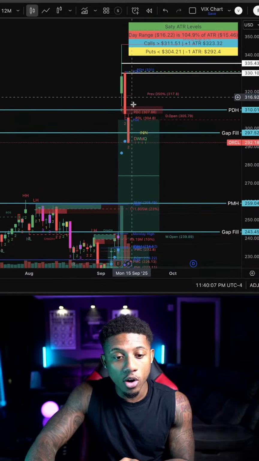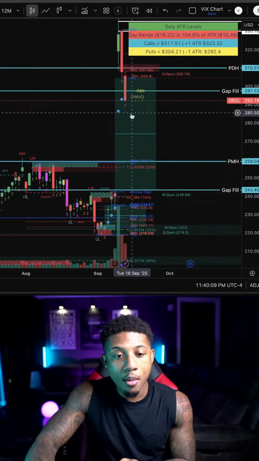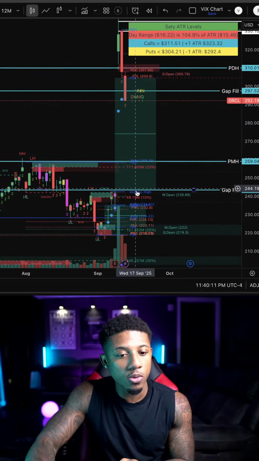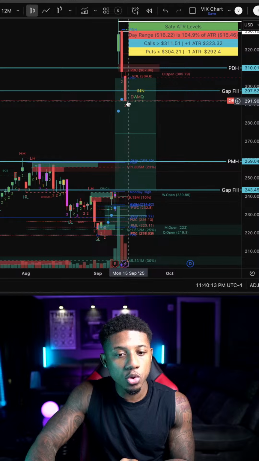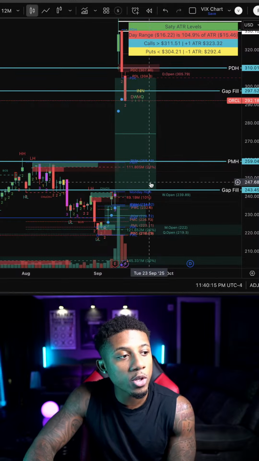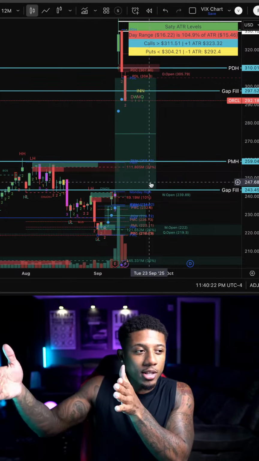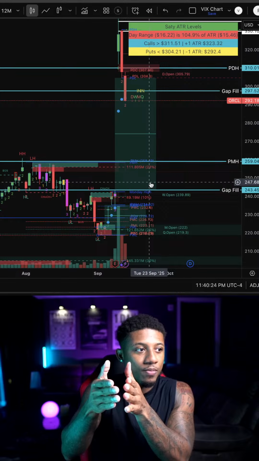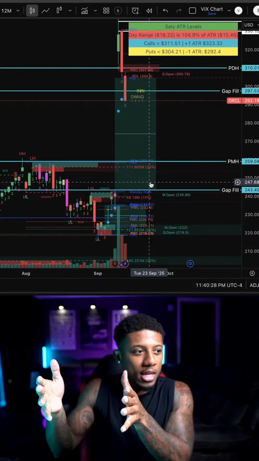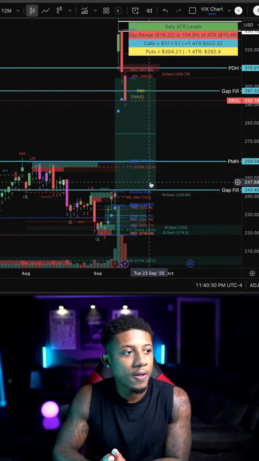You're already starting to make the move back down, but look how much further you have to go. You have from 291 all the way to 243. Does this make sense? Are y'all seeing how it's starting to align?